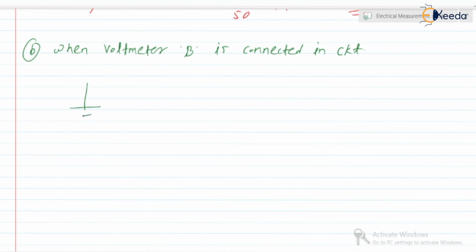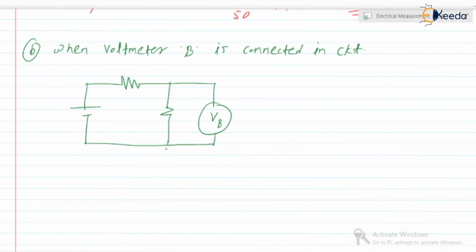This is a 150 volt source, we have 100k, 50k, and across it we have voltmeter B. This is 150 volt, this is 100k, 50k, and this is voltmeter B. Further, can we replace voltmeter B with its internal resistance?